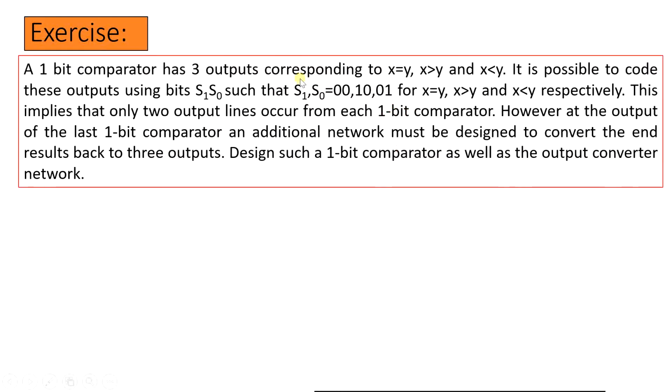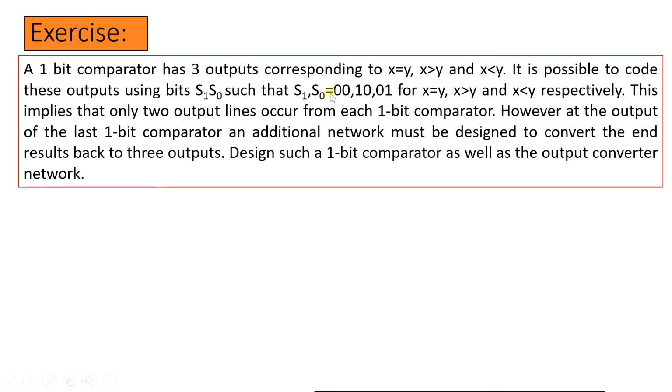So with this understanding, let us solve an exercise wherein they have specified that we need to make use of a 1-bit comparator having 3 outputs: x equal to y, x greater than y, and x less than y. And they have also specified that we need to code the outputs in terms of 2 bits, S1 and S0, and the coding has also been specified, that is 00, 01, 10 for x equal to y, x greater than y, and x less than y.